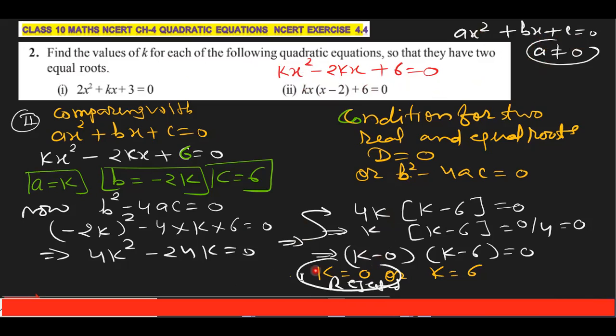So k cannot be equal to 0. Therefore, the value of k is 6 and that is the answer. That's all for the second part of this question.